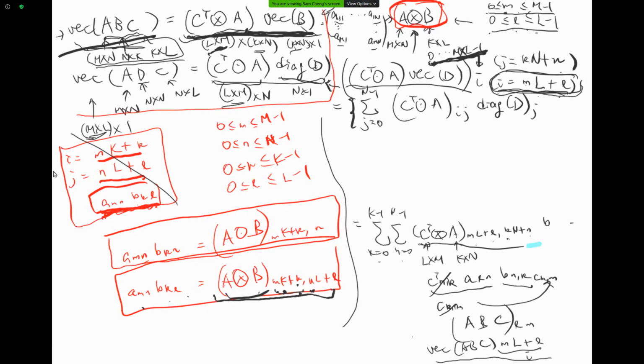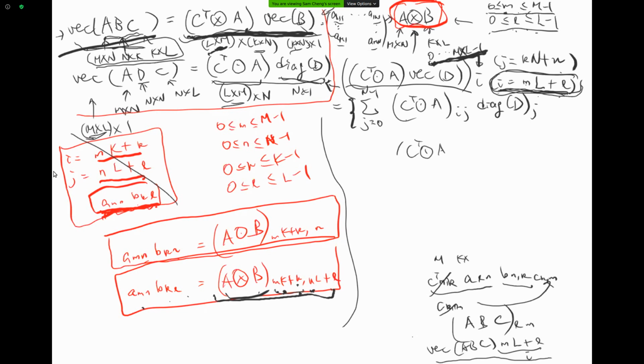So let me just erase some of this here, and we say I is equal to this guy, right? So I have C transpose A, I is ML plus small l. Maybe I don't use J here.